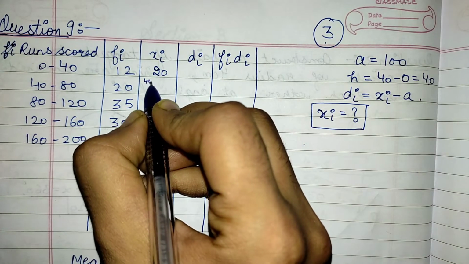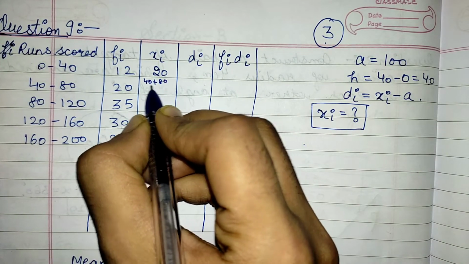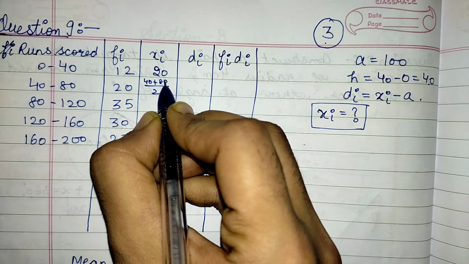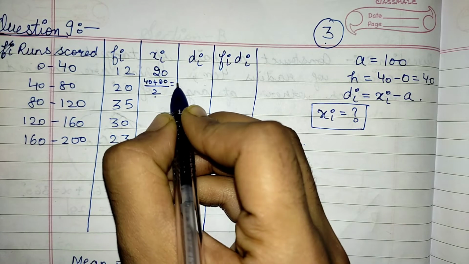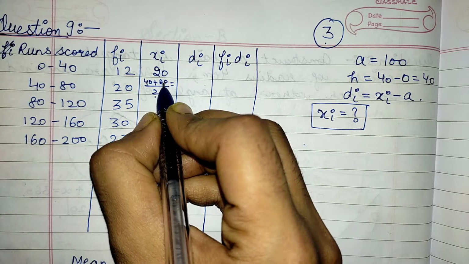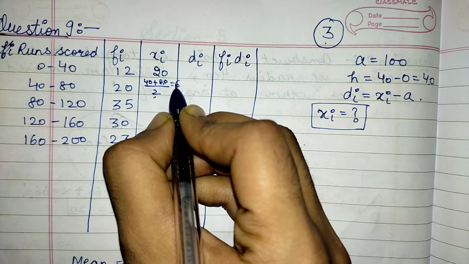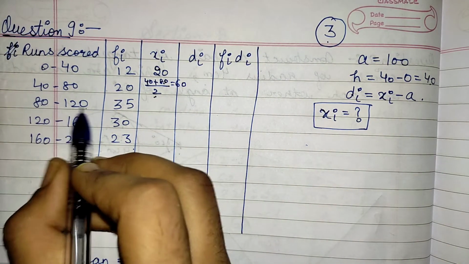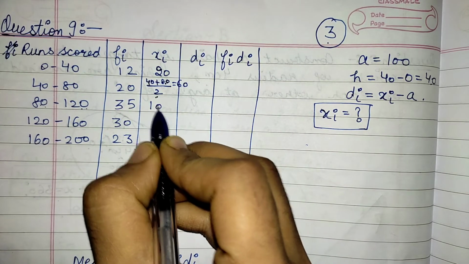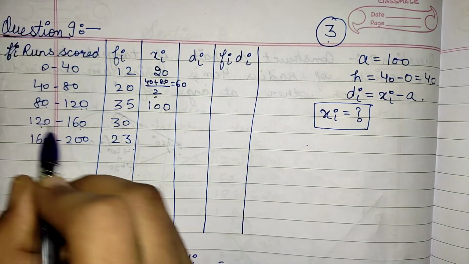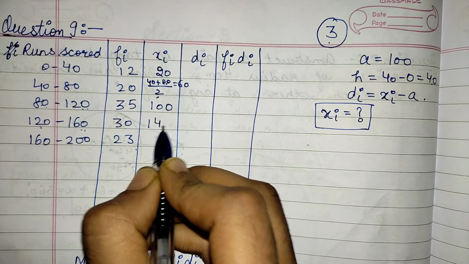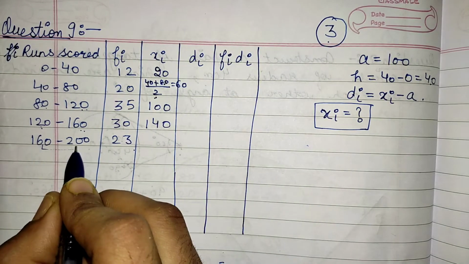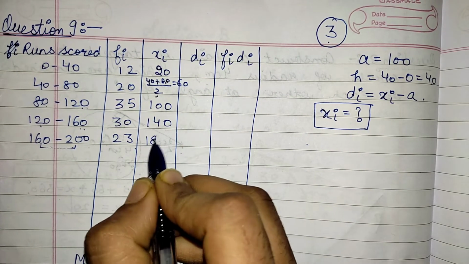And how do we find this middle value? Just add these two values, 40 plus 80 divided by 2. 40 plus 80 is 120 and 120 by 2 is 60, right? Like this, the middle value of 80 and 120 will be 100. The middle value of 120 and 160 will be 140, and then the middle value of the last class will be 180.